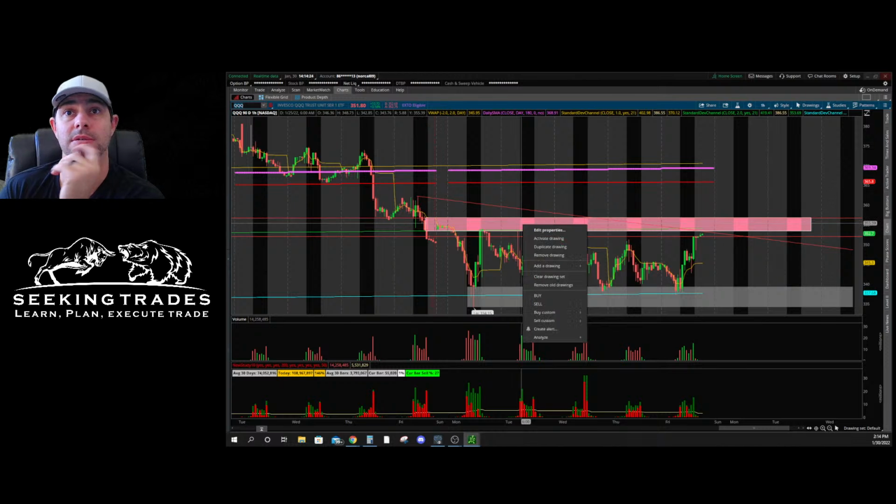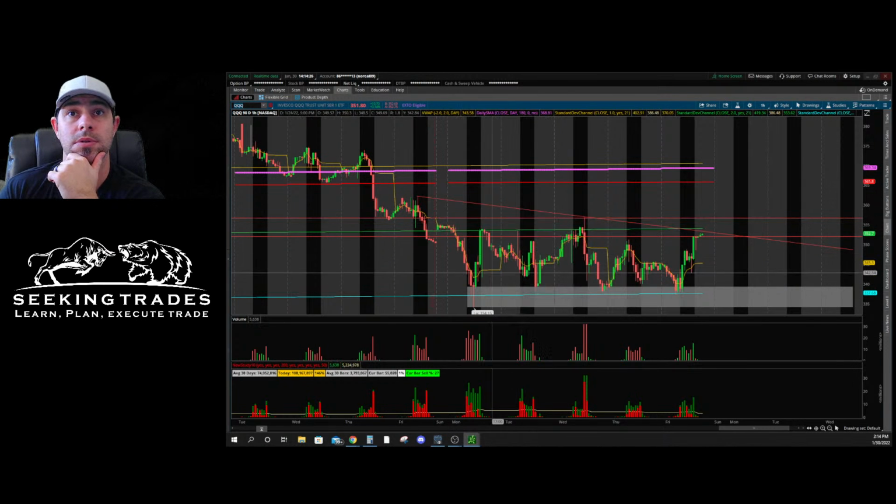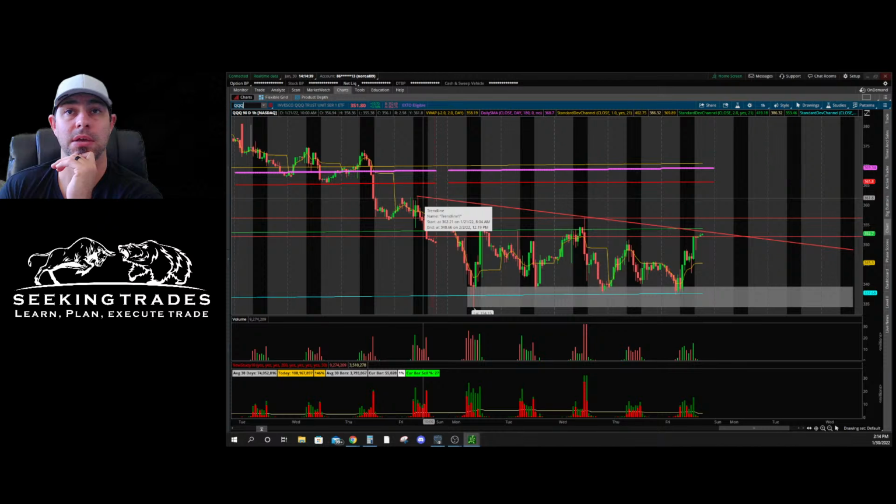Let me cancel this. Drop, gap back up. So looking at this area, I would say this would be the area where you would be able to draw in right here, because it held, it just went sideways and then dropped.